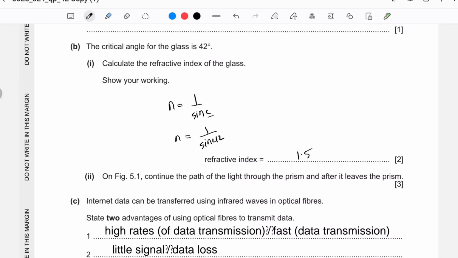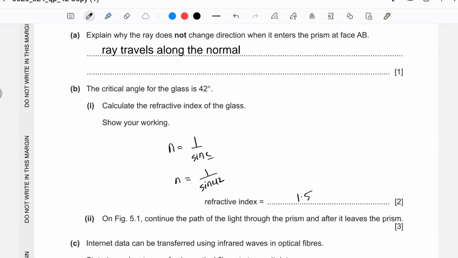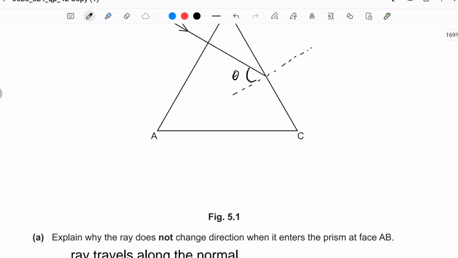On figure 5.1, continue the path of light through the prism and after it leaves the prism. So here we have to draw the normal, and this will be the angle of incidence. So in the previous part they have given the critical angle for glass, which is 42 degrees, and this angle is greater than 42 degrees.